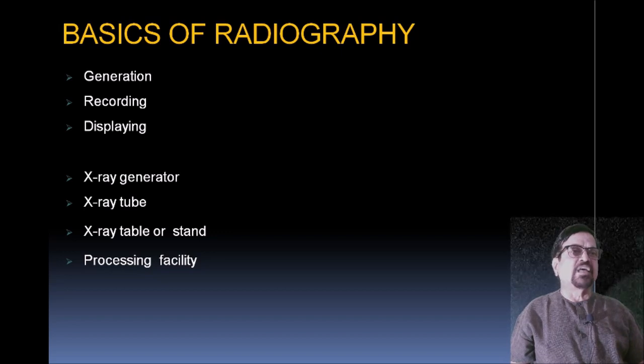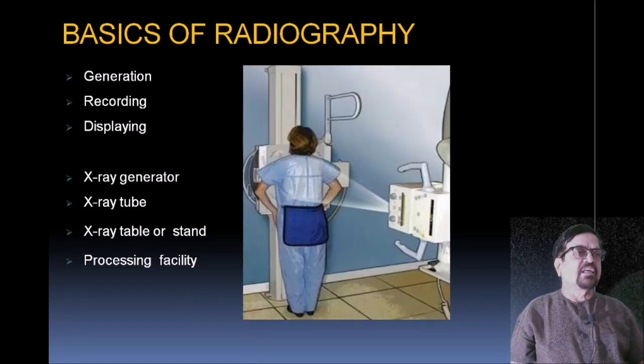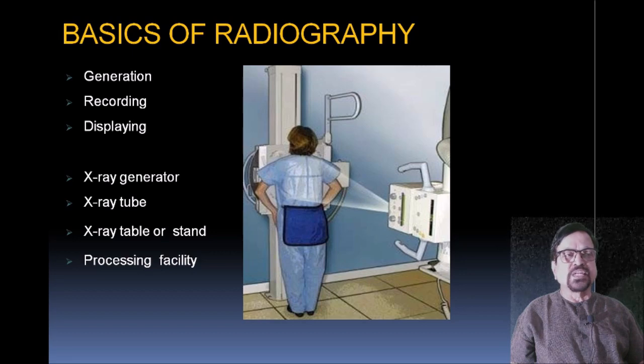Now what is basic radiography? Let us go to the basics of radiography. It's generation, recording, and displaying. So the X-ray generators were there, the X-ray tube was there, and the X-ray table, stand, all accessories of the X-ray table were there, as well as the processing facility, that is the dark room. Now this all deals with generation of X-rays, that is from the tube, which we are not going to see today.